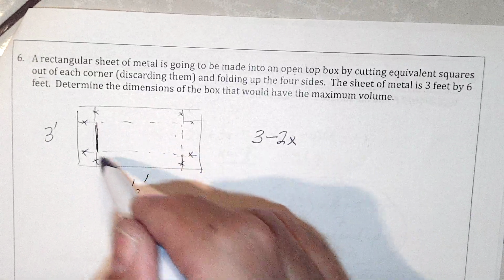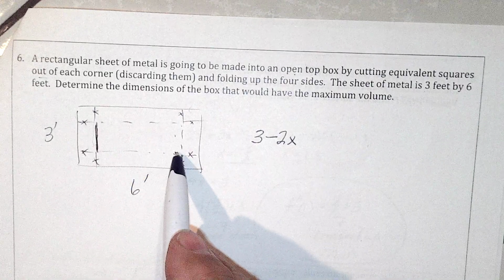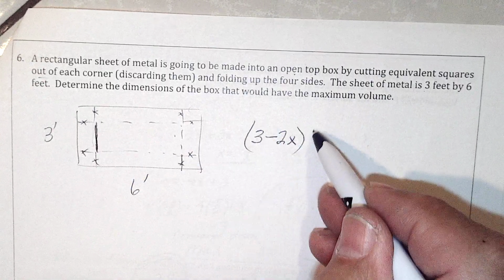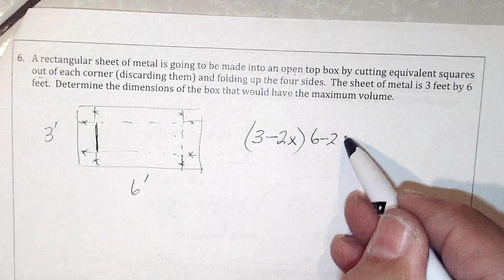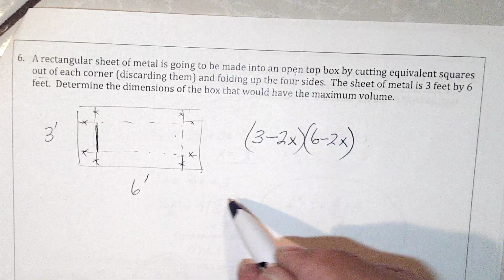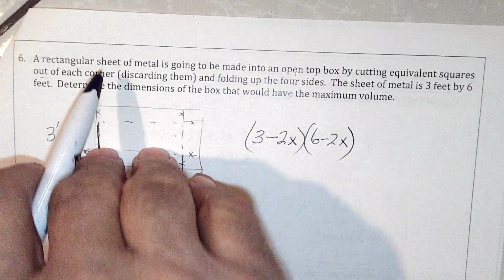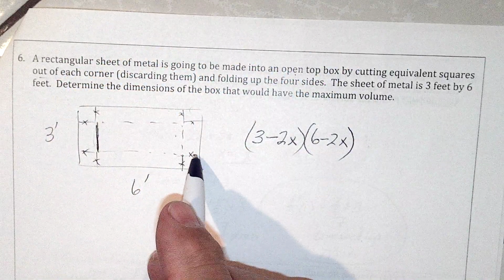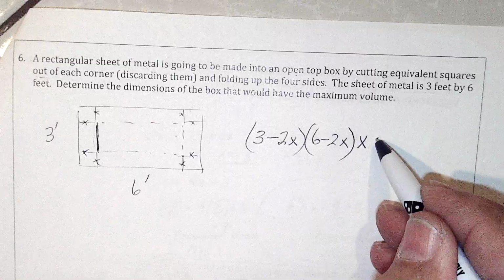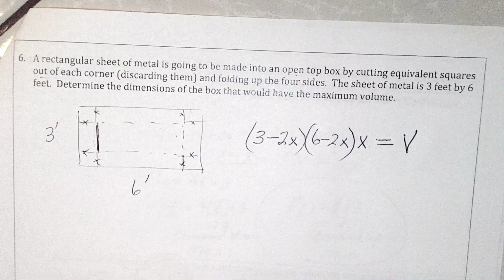That's this length. This length is 6 minus 2x. And the height of the box will be, this flap folds up, and they're all going to be x high. That's the volume.